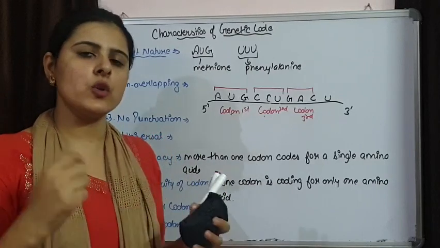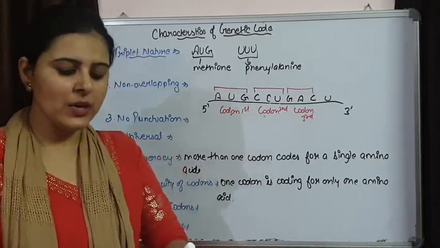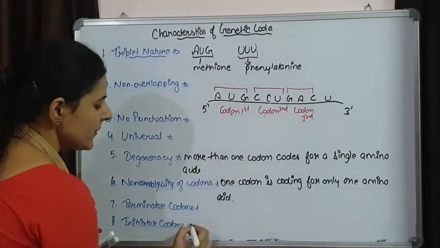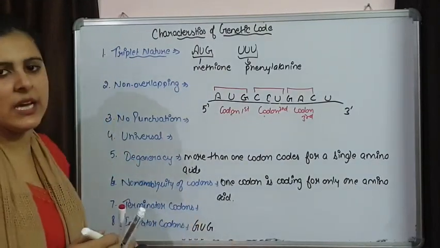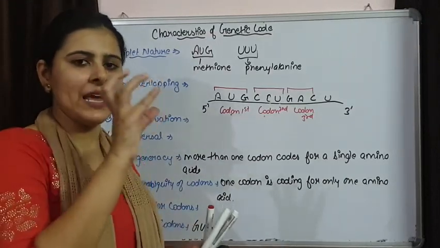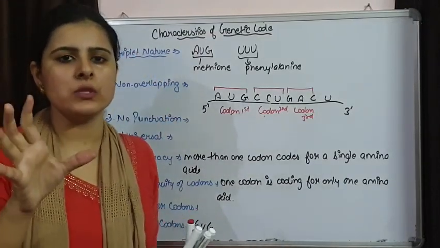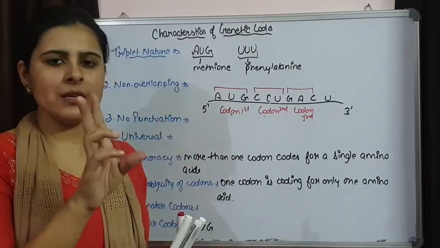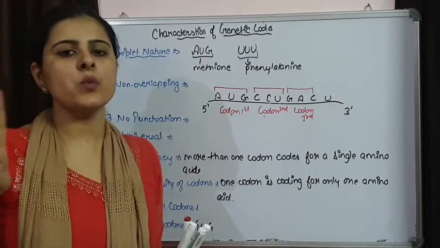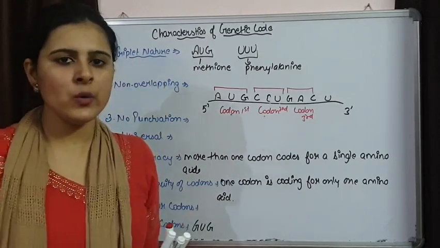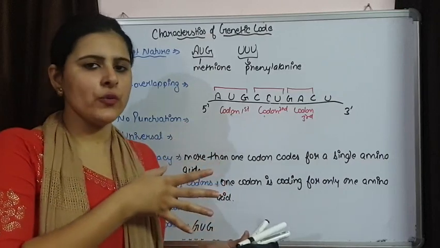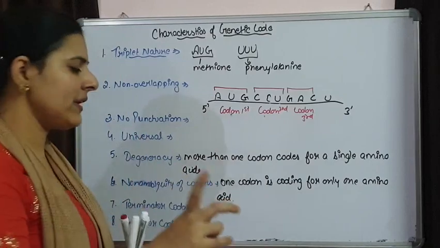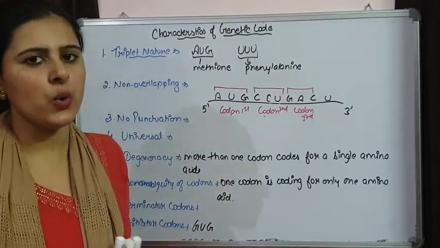So AUG is always going to behave as the initiator codon, and in very few cases, we also find GUG behaving as the initiator codon. Out of the 64 codons, 3 are specific stop codons, so only 61 are going to code for amino acids. The 3 are not going to code for any amino acid. And out of these 61, one is behaving as an initiator codon.